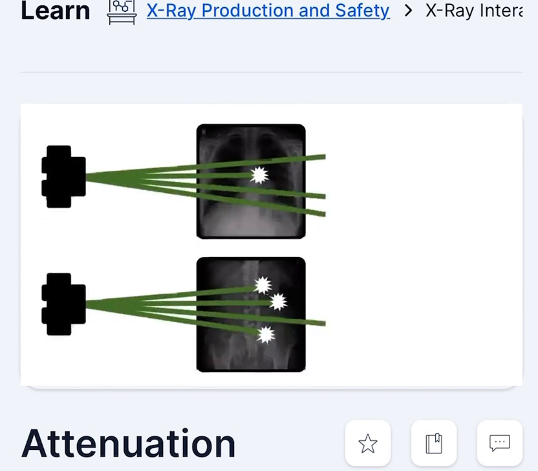Another factor that affects X-ray beam attenuation is the density of the parts we're imaging. Here's an example. The chest and the abdomen have just about the same thickness in most patients, but the abdomen attenuates significantly more radiation. Why is that? The chest has less density. That means there's less stuff inside the same volume of tissue.